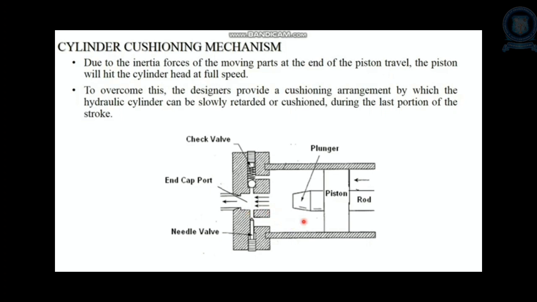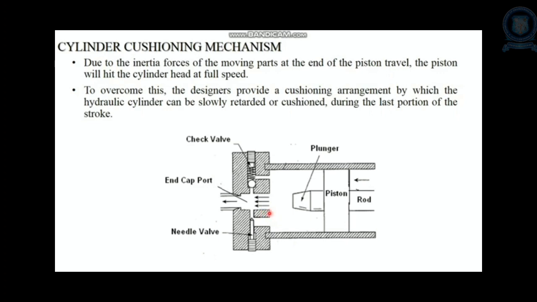Now we can see the working. When the fluid enters into the rod end of the cylinder, the piston retracts. It comes with high speed because there is almost no work during the retraction stroke.